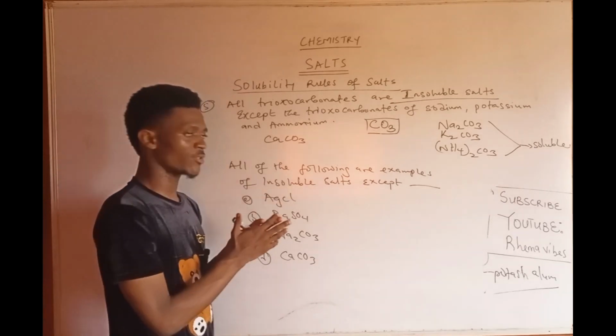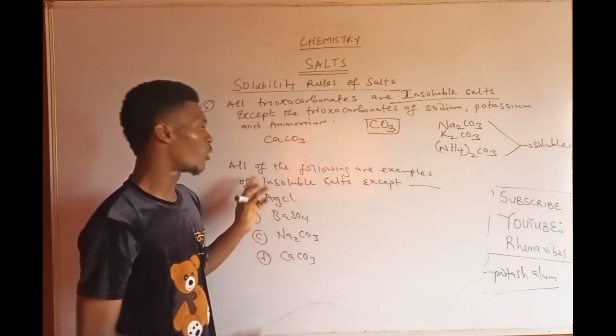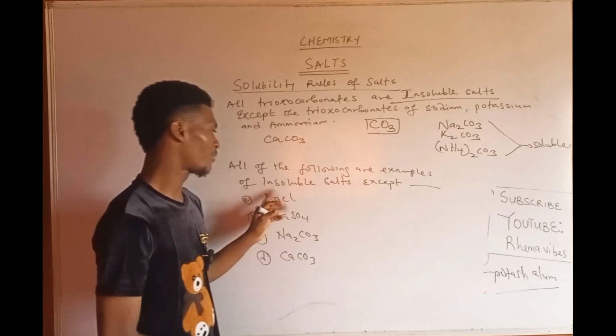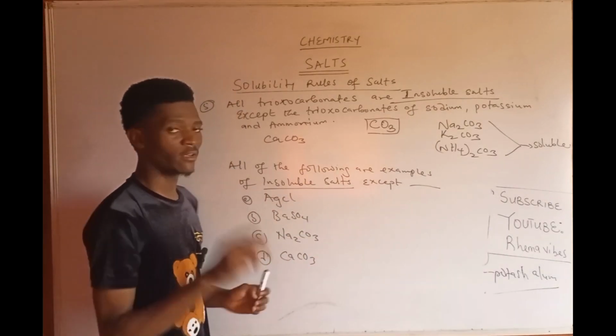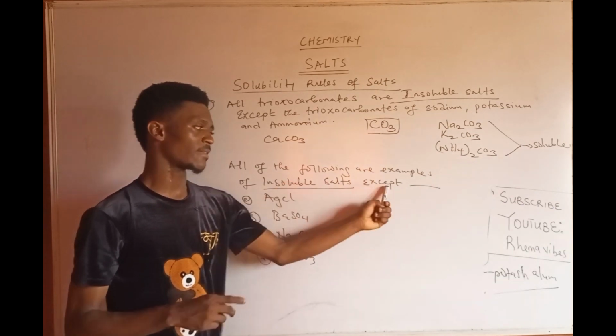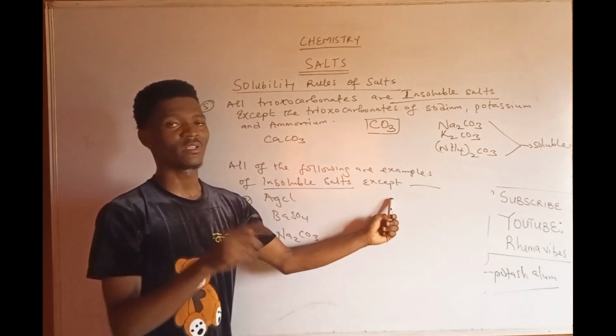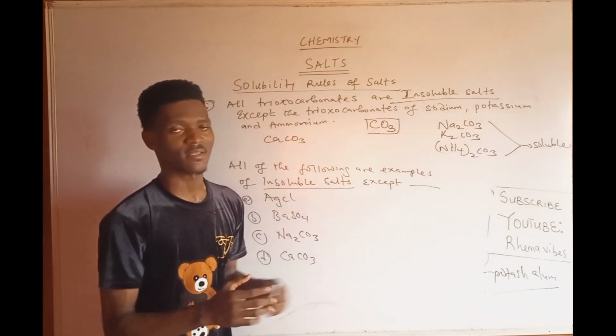If you dissect this question, all of the following are examples of insoluble salts, meaning that among the four options, three of them are insoluble salts, except, so the one that is soluble becomes the answer.